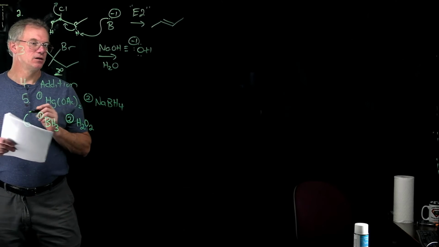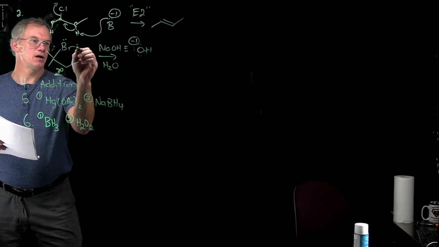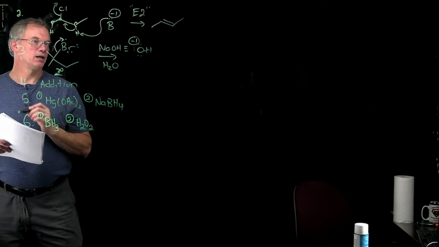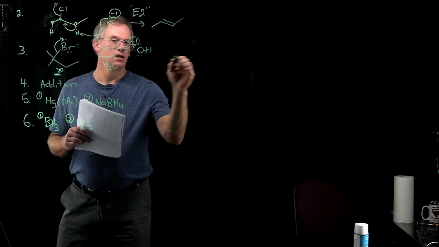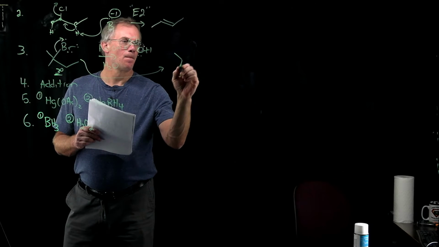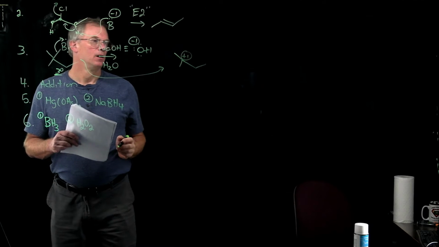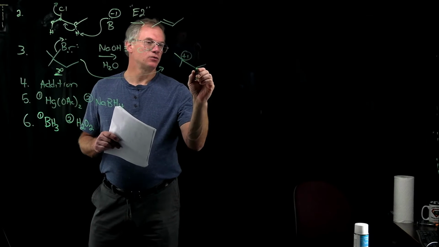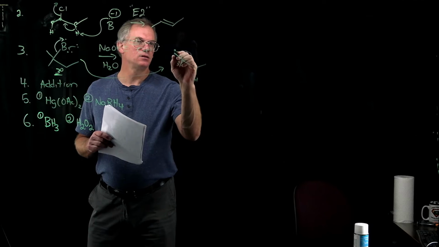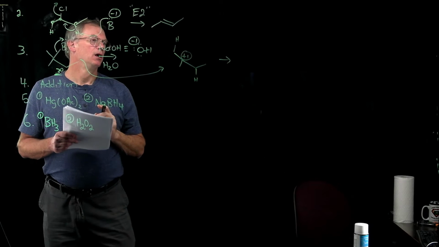Back to the fact that it's a tertiary halide means in the first step, bromide leaves, forming a carbocation. And then the sodium hydroxide acts as a base to abstract one of those 2 hydrogens.